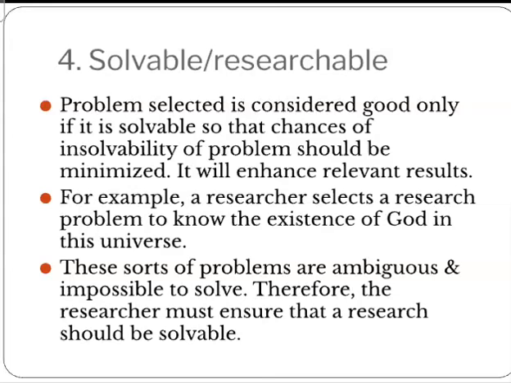So you cannot solve this kind of issue. There are a lot of things in our universe where a solution will not be possible, and you are not supposed to select those kinds of research. A problem selected is considered good only if it is solvable, so that the chance of insolvability of the problem is minimized. So you have to see whether it is solvable or researchable.